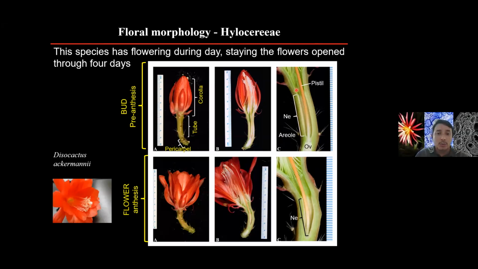In the tube, about 2/3 has an internal secretory structure, the nectary, or the nectariferous tissues. It produces a large amount of nectar, a diluted nectar in terms of water content. The other third part of the tube is where the filaments of the anthers are inserted.